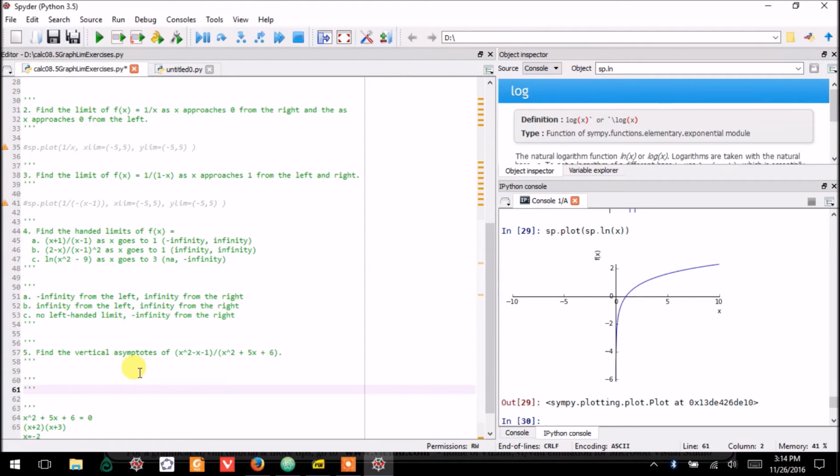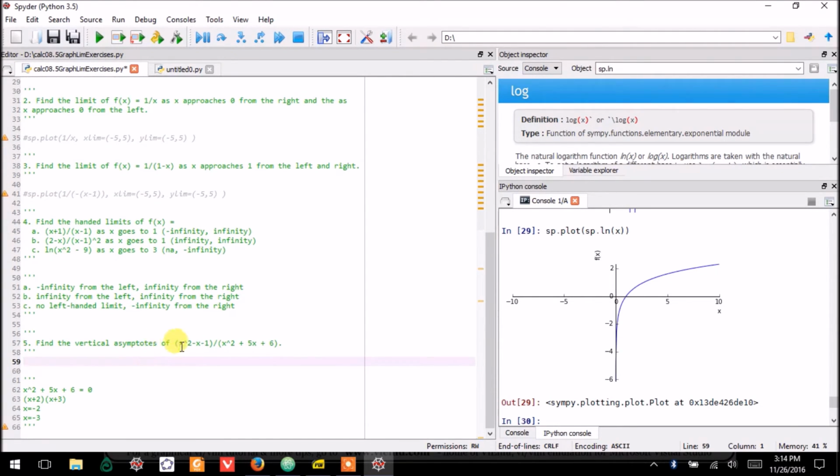But in any case, we can tell that you're not going to get an x plus 2 as a factor up here because it doesn't factor well. If it did, we could identify it. But you're not going to get an x plus 2 or an x plus 3, so no factors cancel. And therefore, the vertical asymptotes really are -2 and -3, the zeros of the denominator.